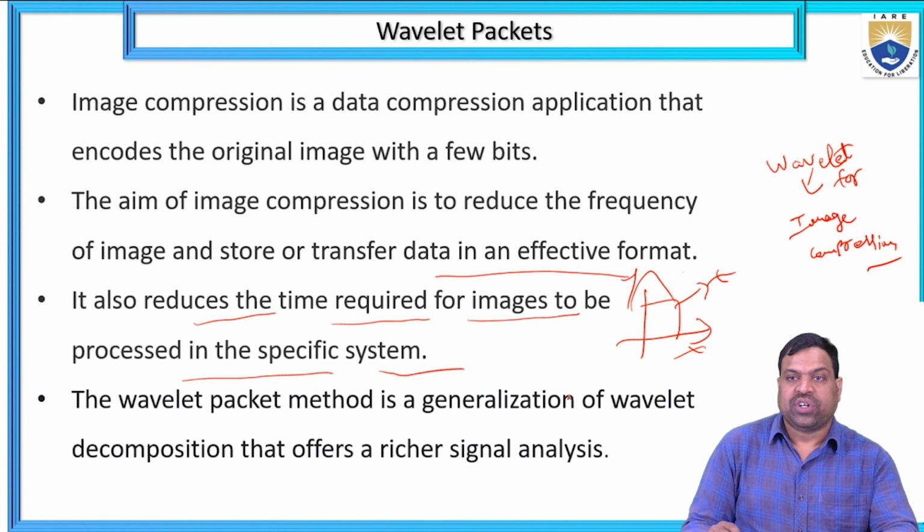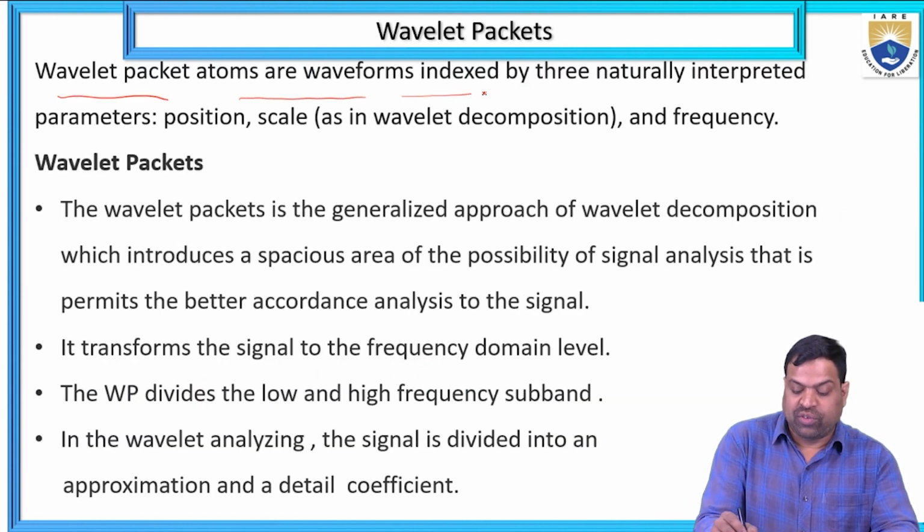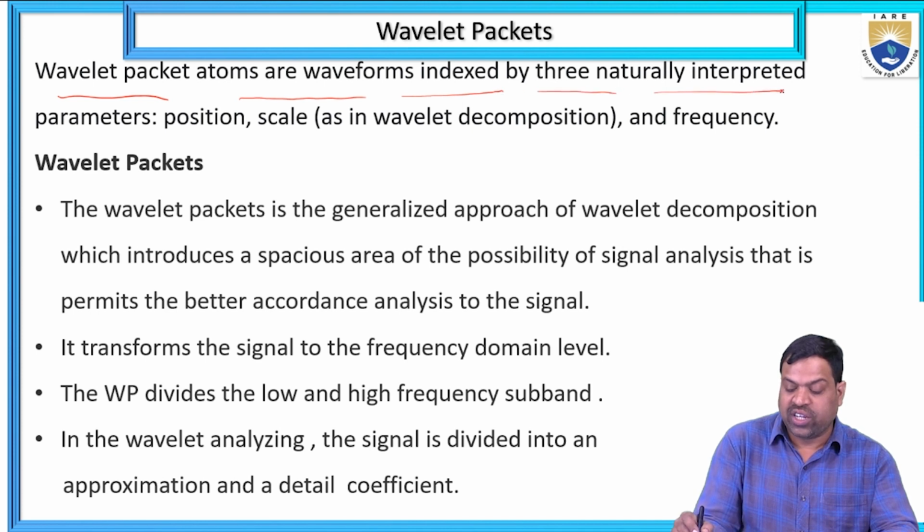The wavelet packet method is a generalization of wavelet decomposition that offers a richer signal analysis. Every wavelet packet is a waveform indexed by three naturally interpreted parameters: position, scale, and frequency.